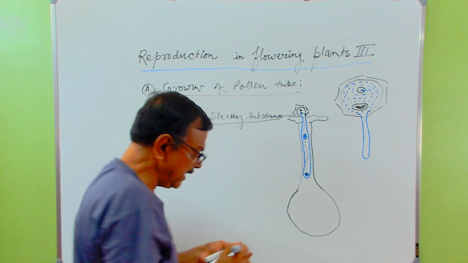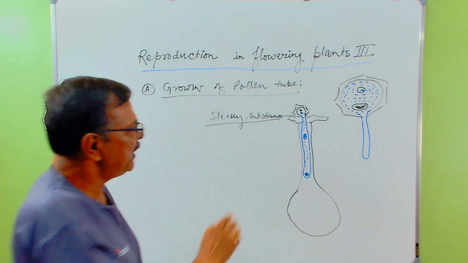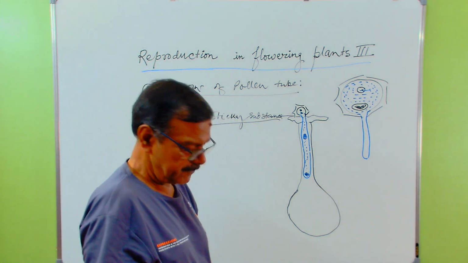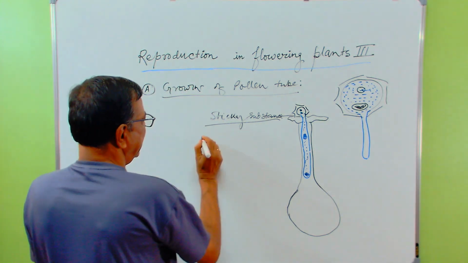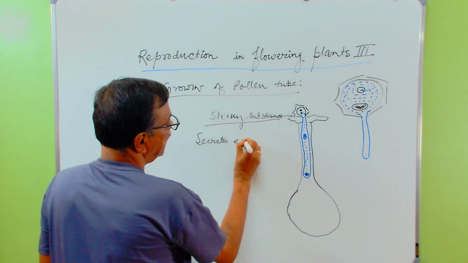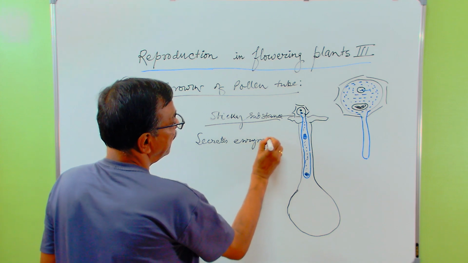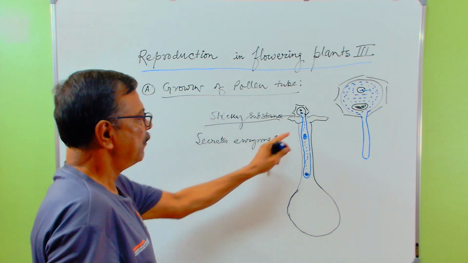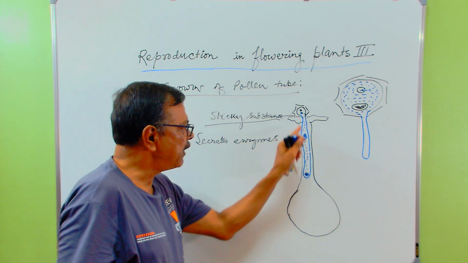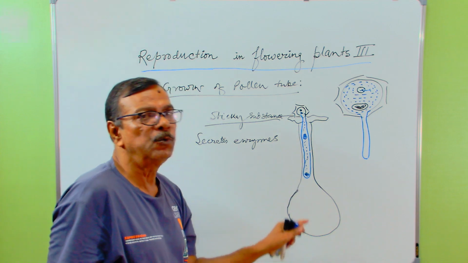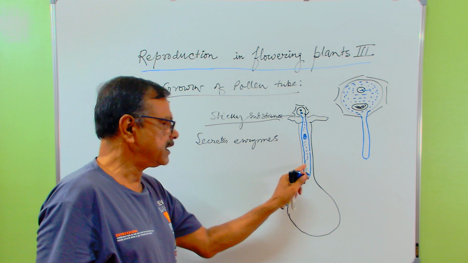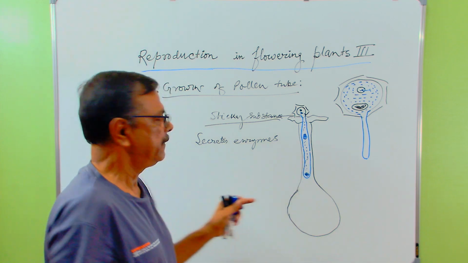How does it penetrate? The pollen tube secretes enzymes which hydrolyze the tissue or the cells of the stigma, the style and the ovary.